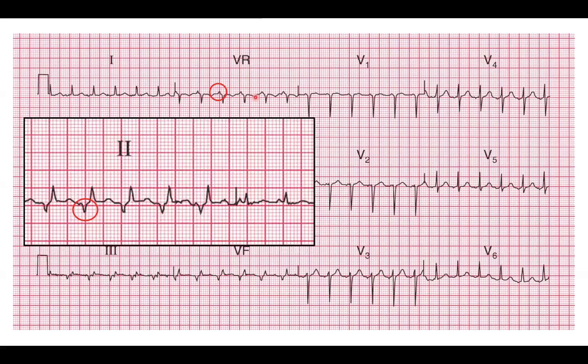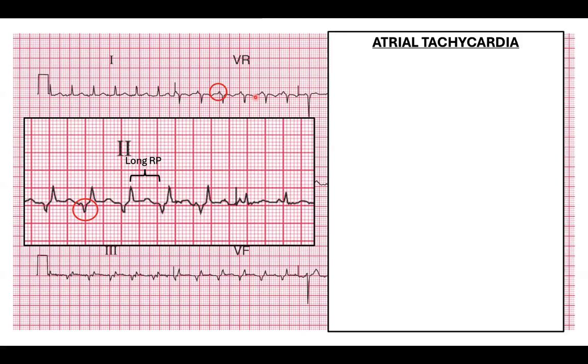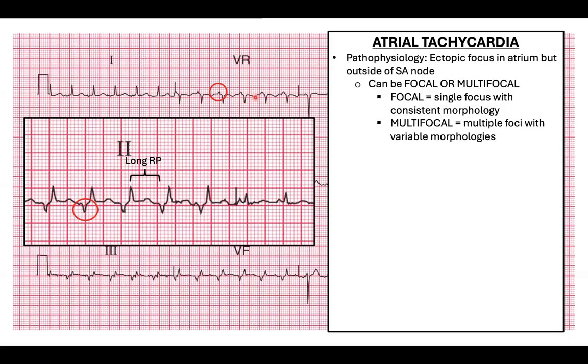And looking closely just at our RP interval, as we have been with our prior EKGs, we see that this is characterized by a longer RP. And so putting these features together, this is consistent with an atrial tachycardia. And so again, thinking about the pathophysiology, atrial tachycardia is caused by ectopy within the atrium that's outside of the SA node.